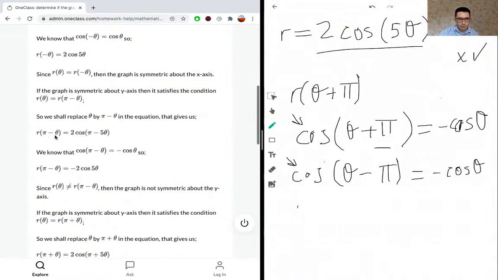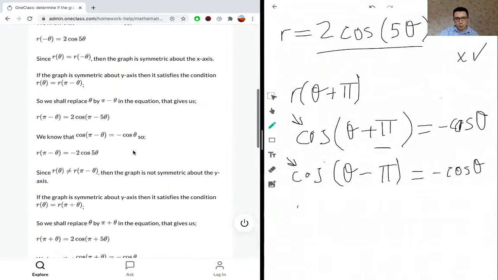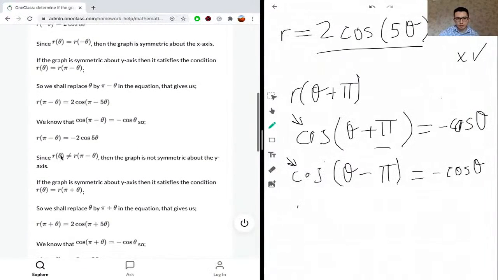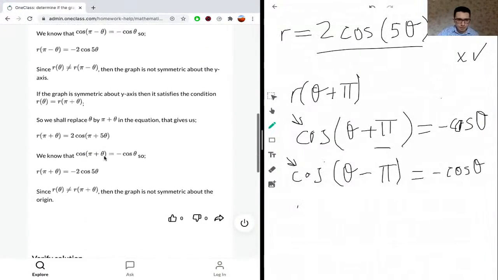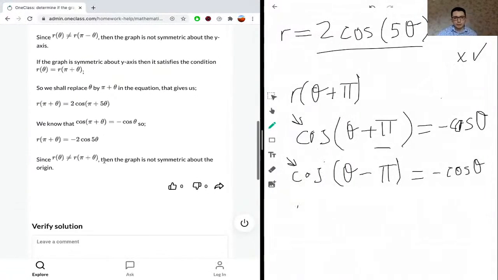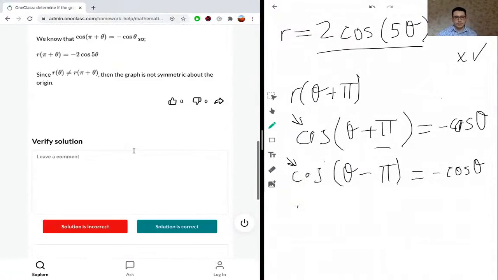We have pi minus theta substituted in, and you only care about the cos component in the angle. This would give you negative cos theta, which means the two terms r theta and r pi minus theta are not equivalent. And similarly here, same idea, we're only focusing on the cos component, and you get a negative cos. So the solution is correct.